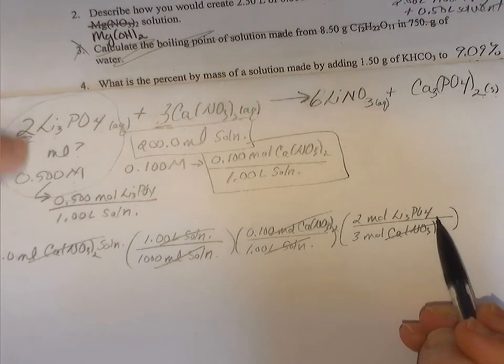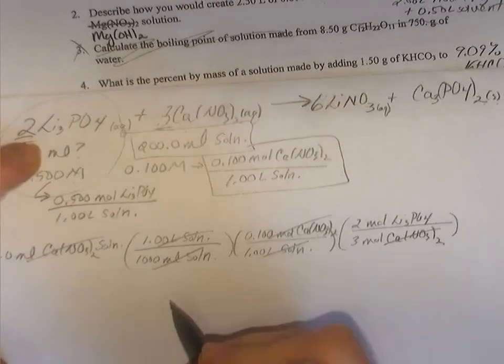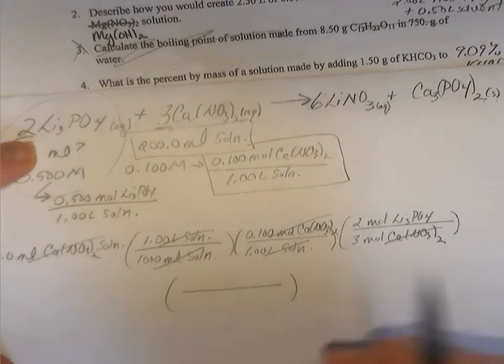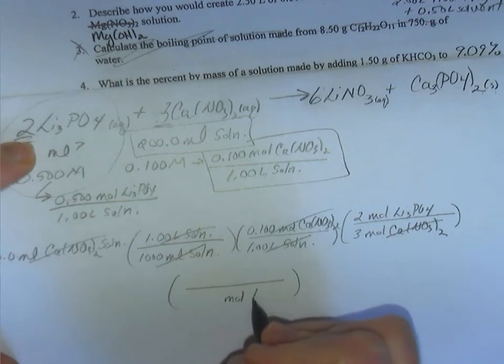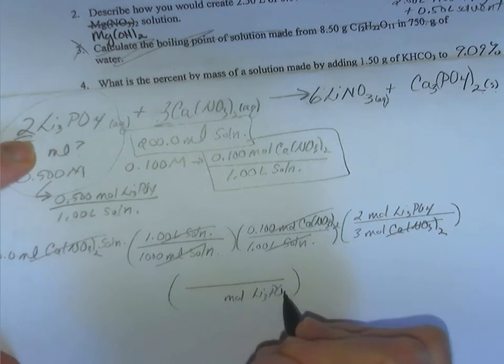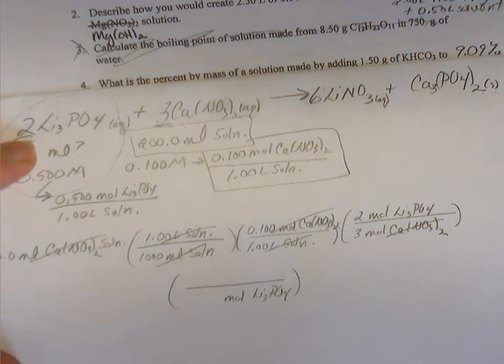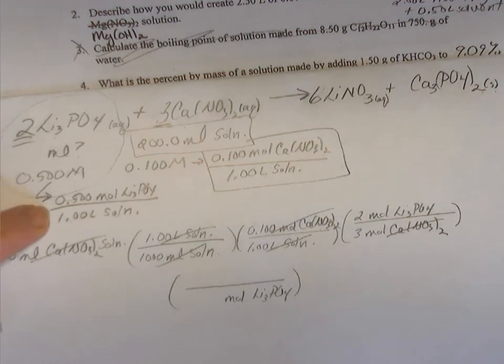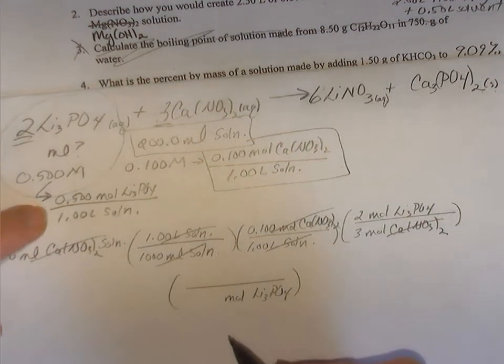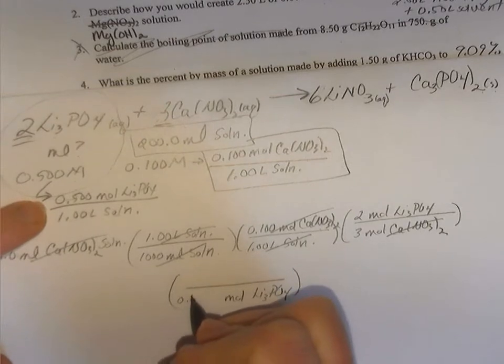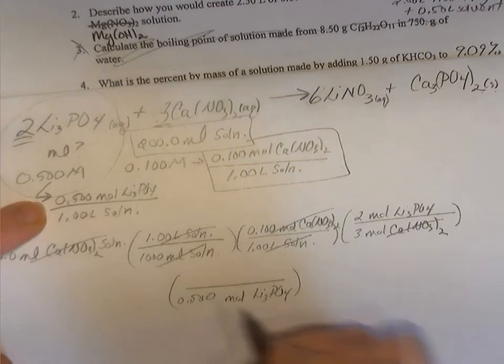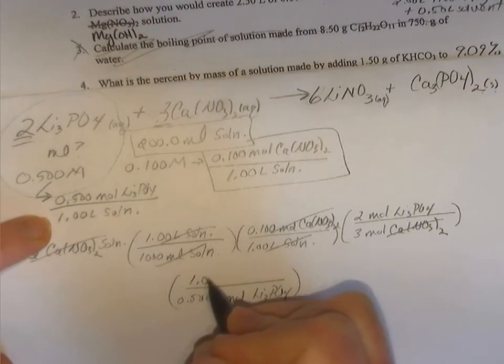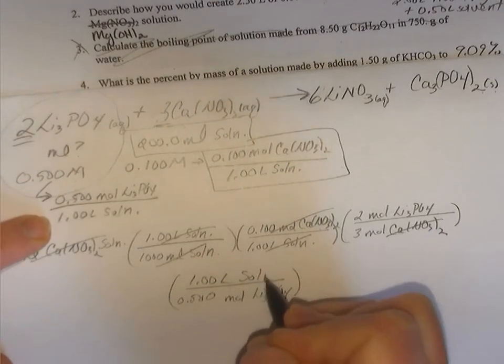And I want to be in terms of the solution that delivers it. So my next step will be to cancel moles of lithium phosphate. Okay, well, what has moles but the molarity? And I know for every 0.500 moles, I'll have a liter of that solution.